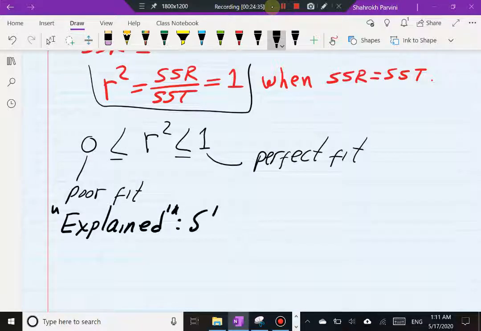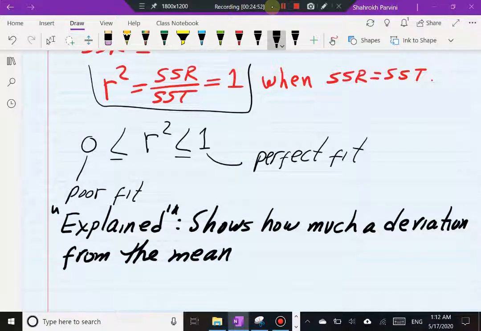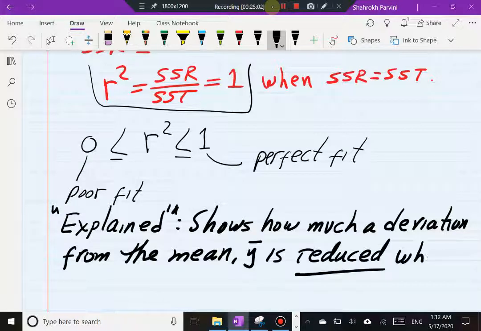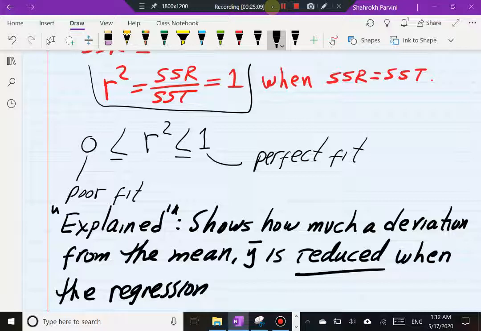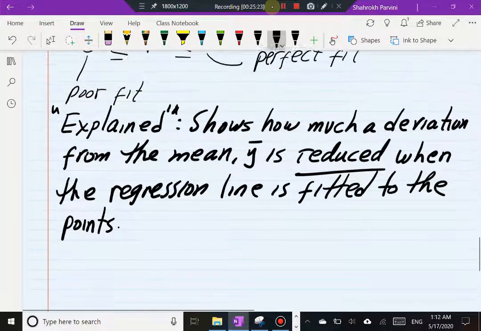Because this shows how much a deviation from the mean, y bar, is reduced when the regression line is fitted to the points. So that's why it's called explained variation.